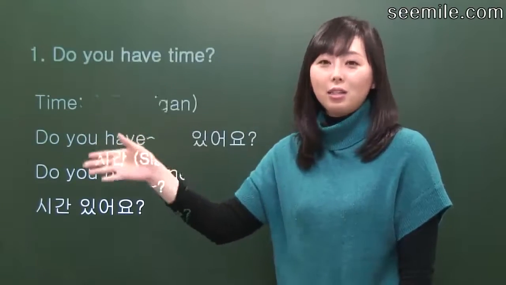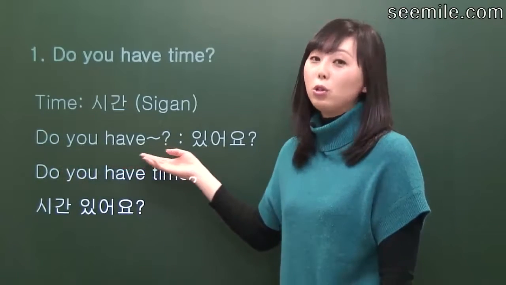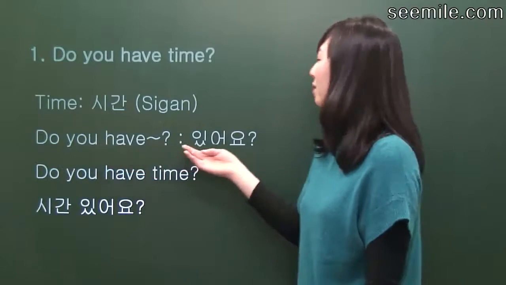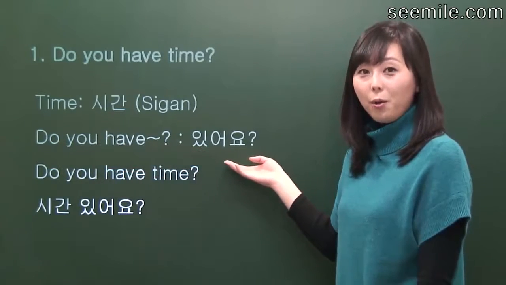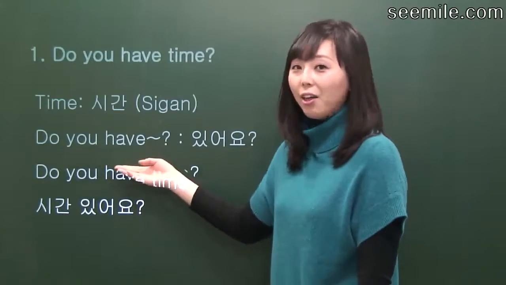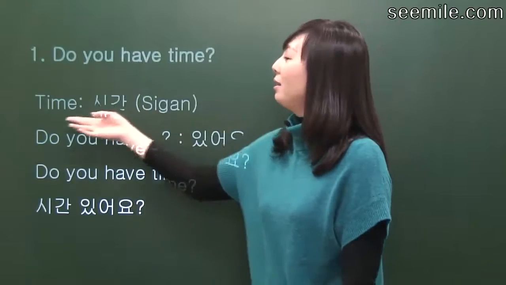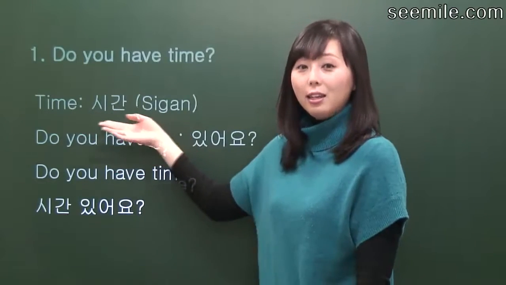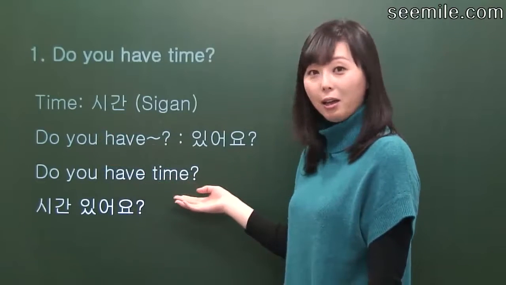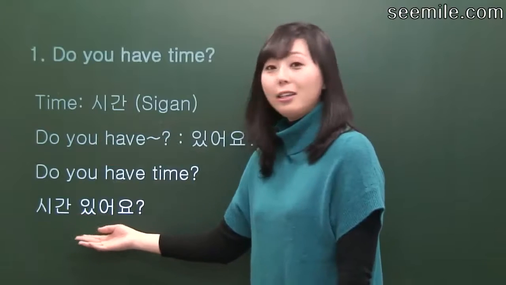From 3 classes you learned and used this expression. Do you have? 있어요. So do you have time? Time is 시간, and do you have is 있어요. So, do you have time? 시간 있어요.